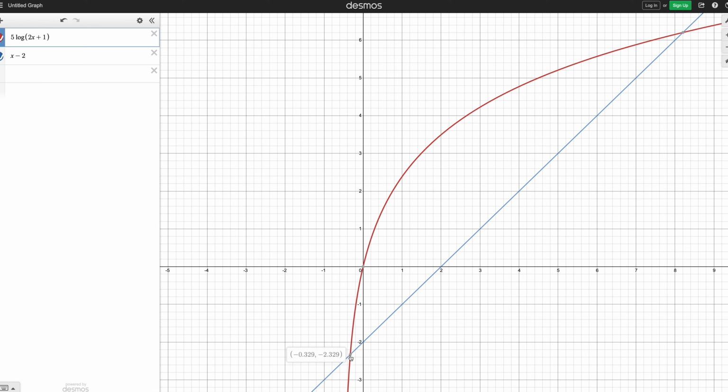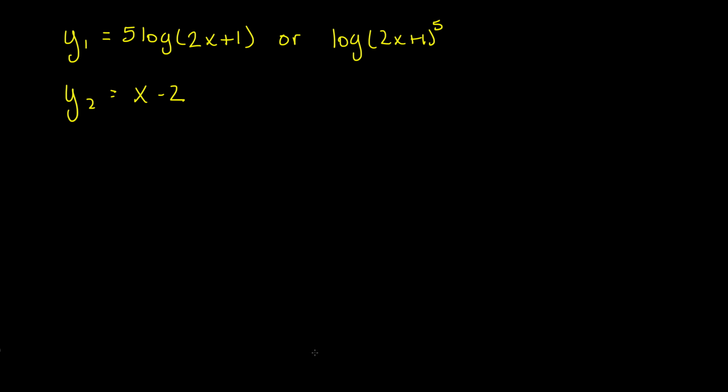All right, so we can see these points of intersection. Then the next thing we need to do is we have these solutions. Now we have to check the solutions to make sure that it is true to what it needs to be. So the solutions that we had here are x equals negative 0.329.